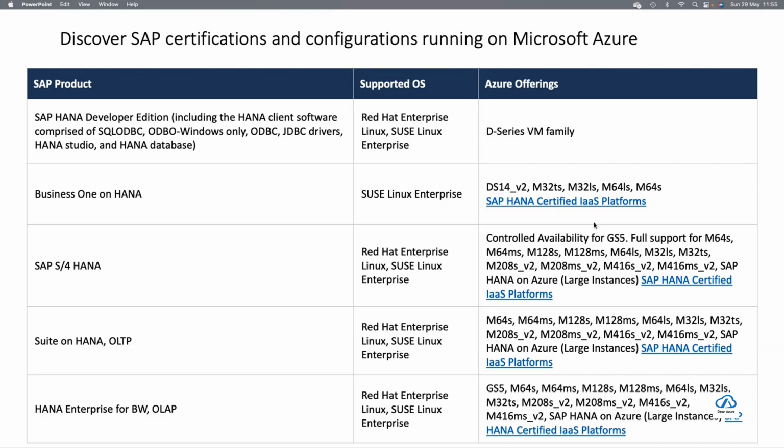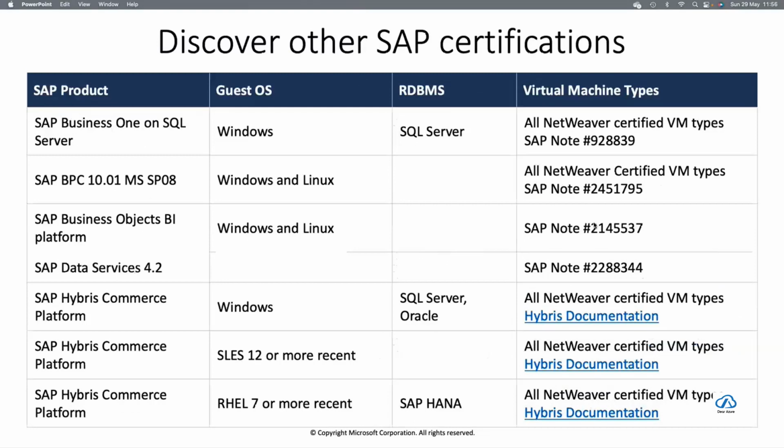This list is meant to be an overview and it might even change, so you need to check Microsoft's product page catalog about the design patterns and the certified offerings. Here are the other products that we have too.